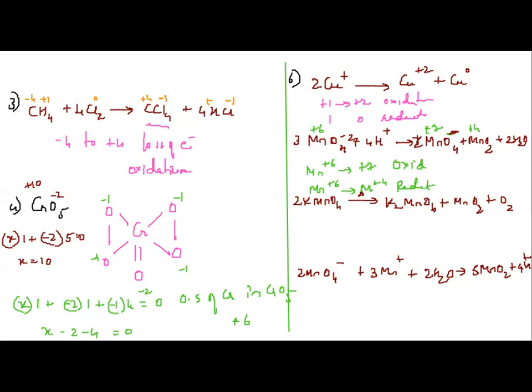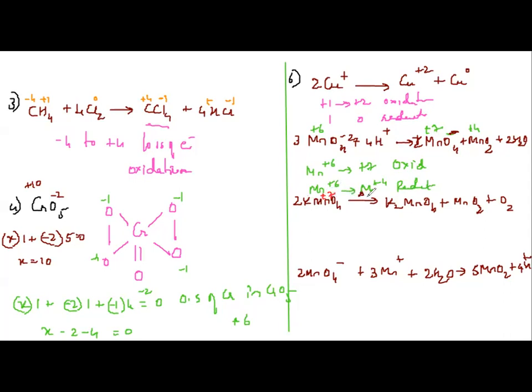Similarly, go for KMnO4. Potassium is plus 1, Mn is x, oxygen is minus 2, so minus 8 plus 1 is minus 7, so Mn has plus 7 charge here.